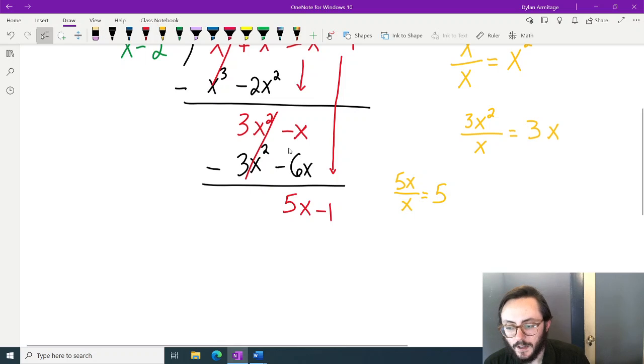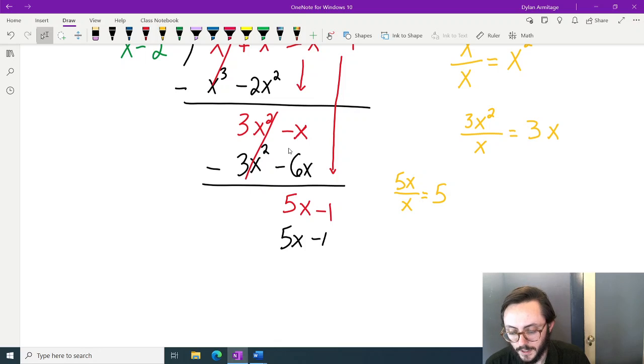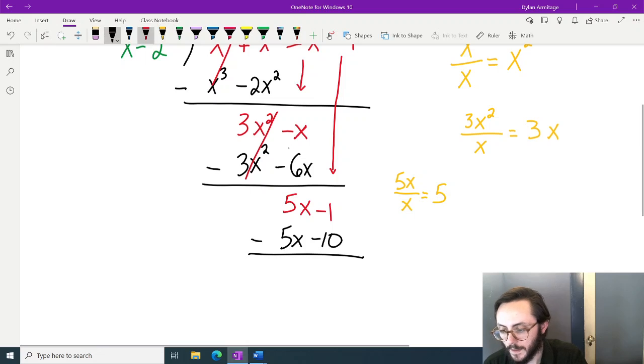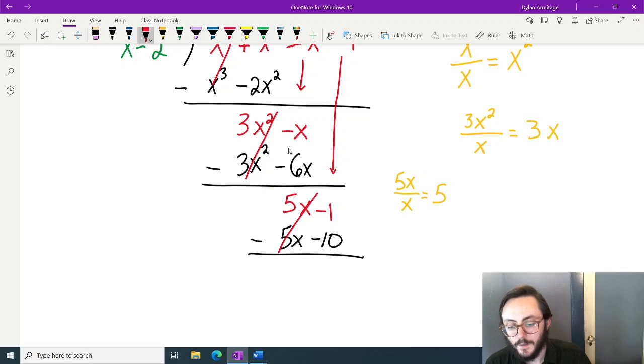So 5 times x, 5x, 5 times negative 2, negative 10. We subtract. See here, this cancels out, and we are left with negative 1 minus negative 10 would be positive 9, which is our remainder.